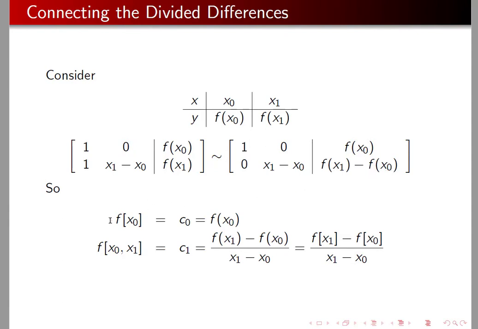Now, to create a consistent notation, we're going to let this f of x0 be equal to f of square bracket x0, we'll define it to be f of x0. And we define our coefficient here, the C1, the f of x0, x1, will be the solution to this system, which is f of x1 minus f of x0 over x1 minus x0.